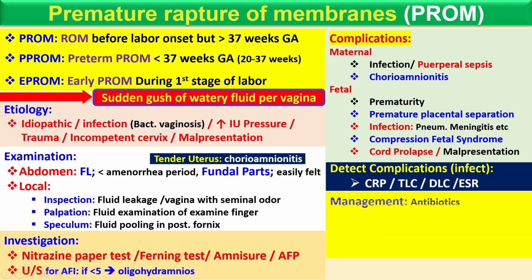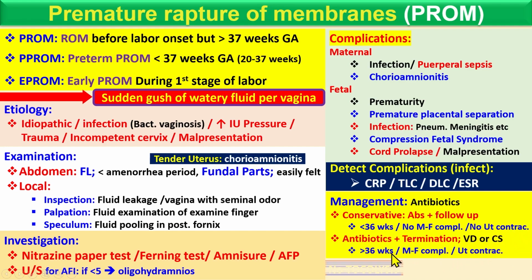Okay, and the management is antibiotics. Second, you should decide whether to continue follow-up or terminate the pregnancy, depending upon the condition. Three conditions. If the gestational age is less than 36 weeks, with no maternal or fetal complication and no uterine contraction, then you continue follow-up of the mother to assess the mother and fetus condition.